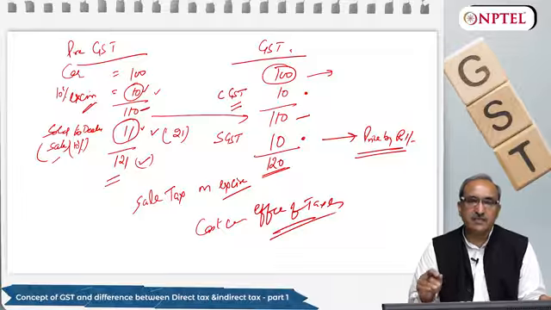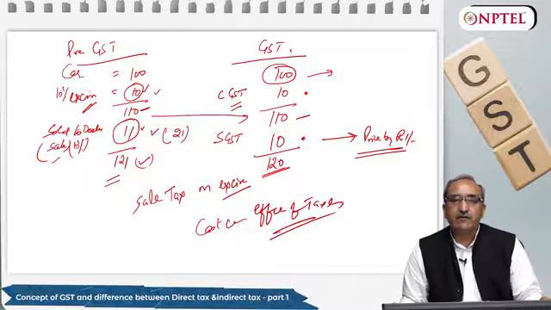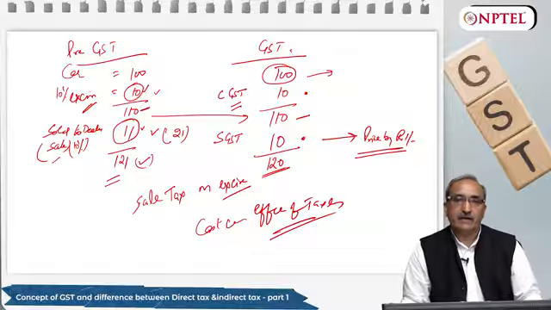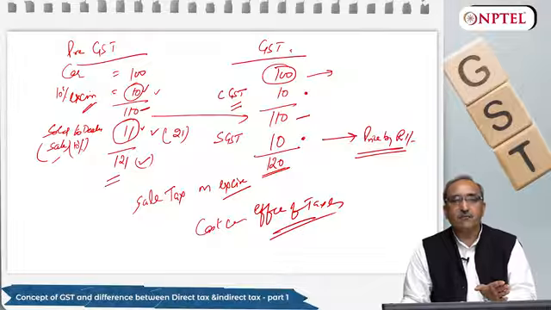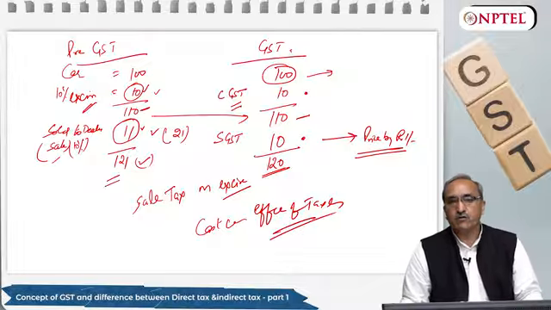So this is the major impact of GST, and we needed this mechanism. It will help the economy at large, because the same mechanism of calculation of price of any product or service will be followed.